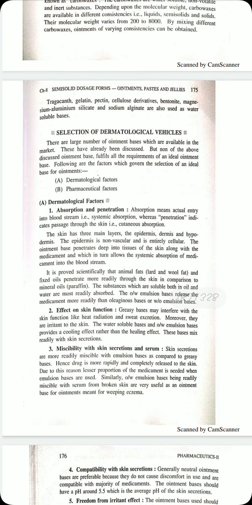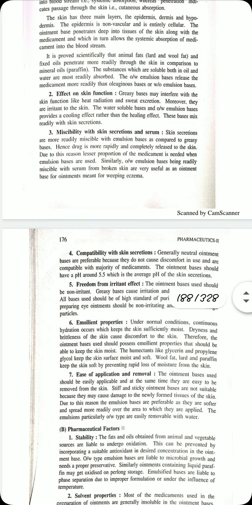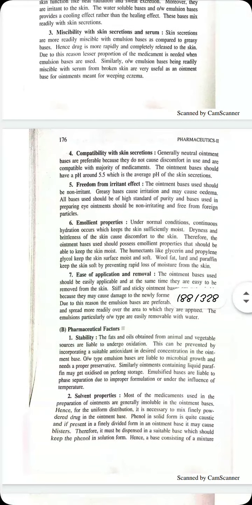The next one is selection of dermatological vehicles. In that, it contains dermatological factors and pharmaceutical factors. For dermatological factors, we consider the following points: absorption and penetration, effect on the skin function, miscibility with the skin secretion and serum, compatibility with the skin secretion, freedom from irritant effect, emollient property, ease of application and removal.